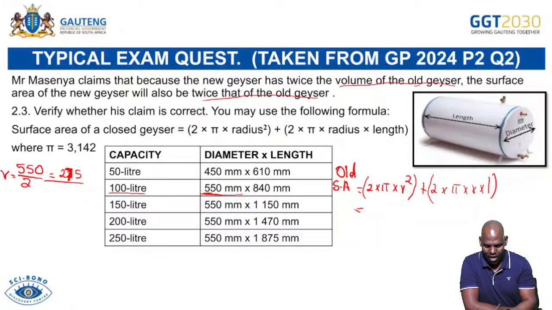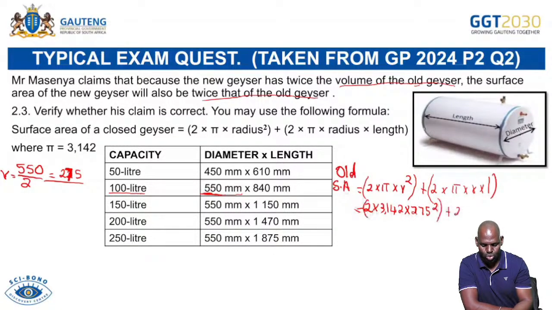Then we know the value of r and the value of L. Let us do the substitution. 2 times 3,142 times 275 squared, that is the first part.